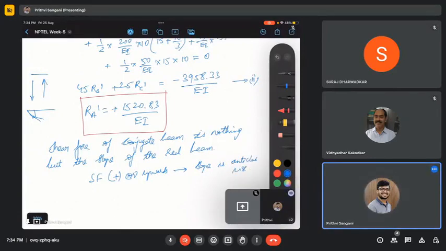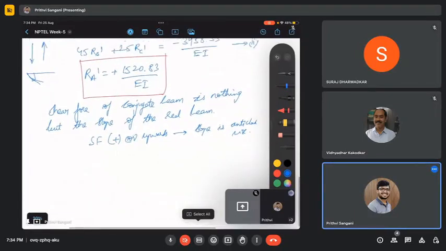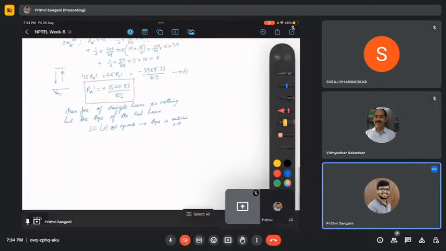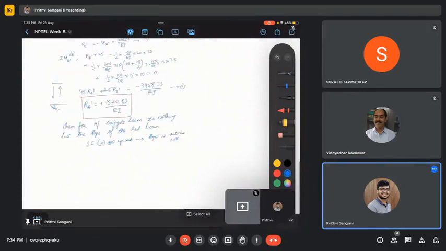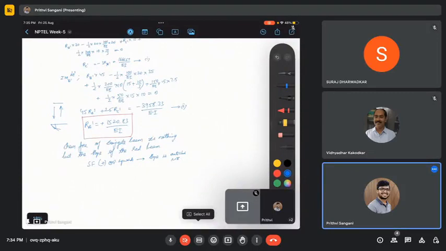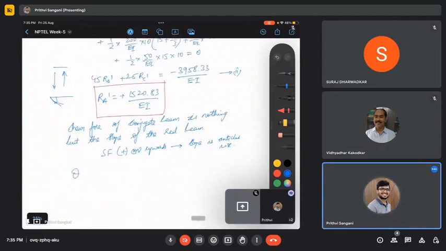So now with this, the slope theta at A of real beam is nothing but 1520.83 by EI clockwise. So how do we say that?